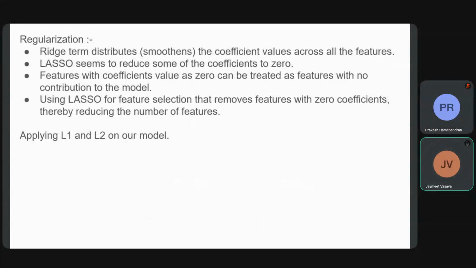So just to summarize both of them, ridge distributes the coefficient values across all the features. Lasso reduces some of the coefficients to zero, which is why it can be used for feature selection.